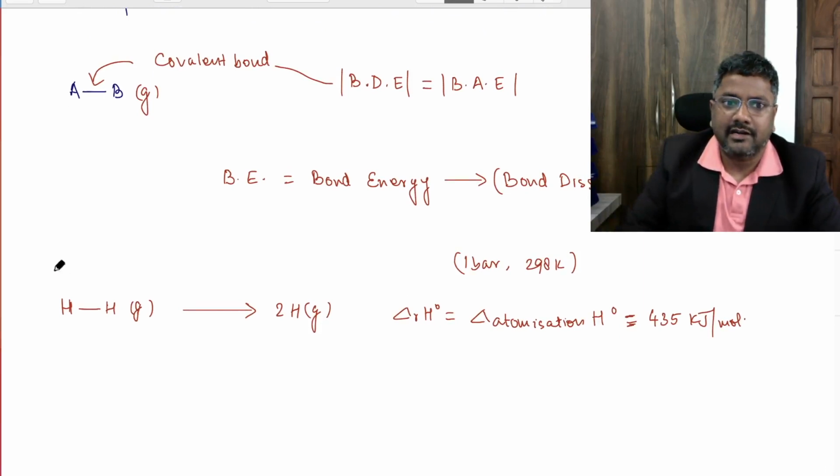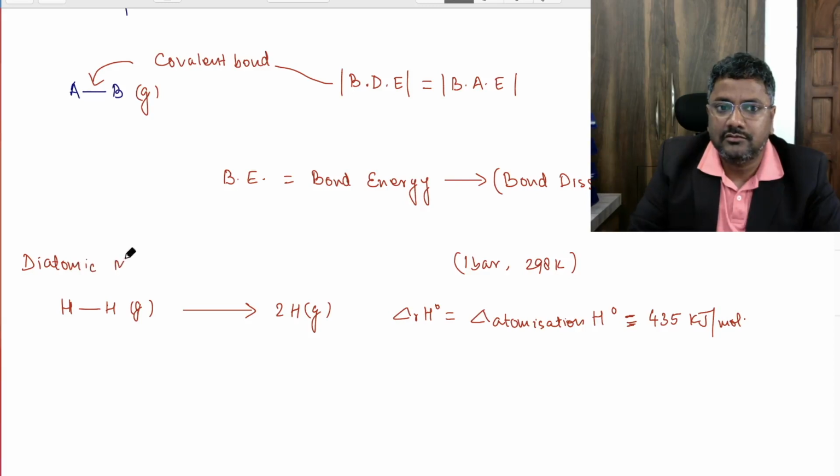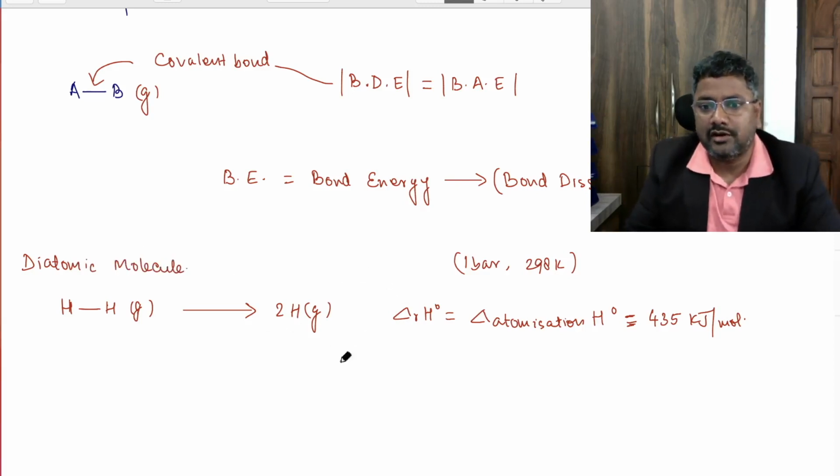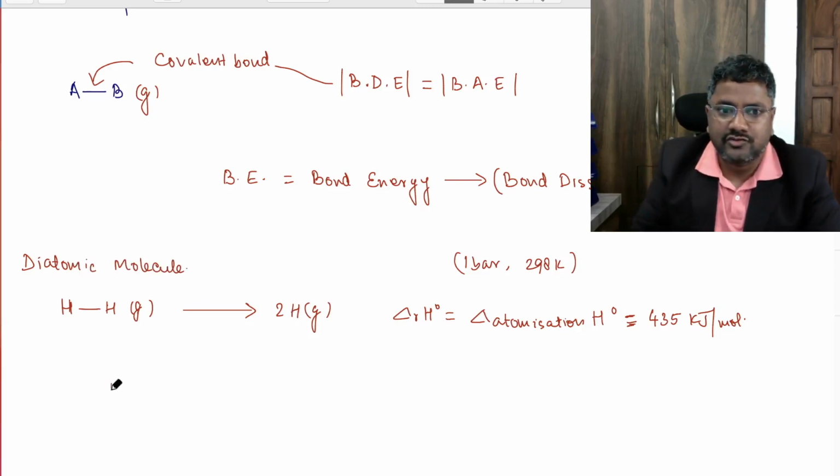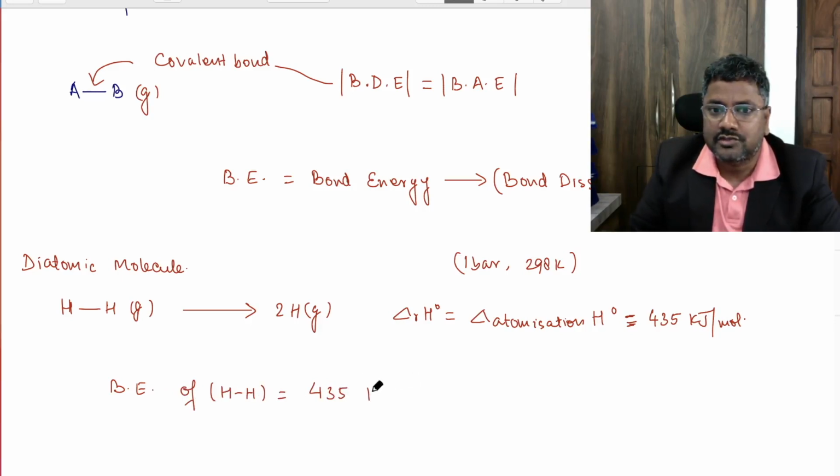So for a diatomic molecule, it is okay. What is the bond energy of this H-H bond? Here you can say the bond energy of the H-H bond is 435 kilojoules per mole. What is the meaning of this?